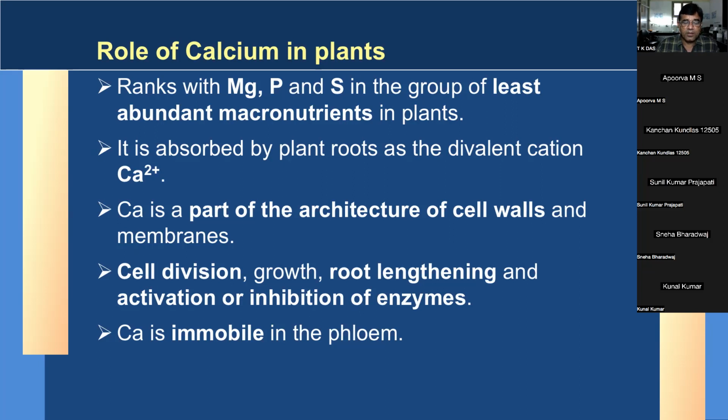Very, very important for cell division, for growth, for root lengthening, and activation or inhibition of enzymes. This is also an important role, and it is immobile in the phloem. If it is immobile in the phloem, then its deficiency symptom will come on younger tissues.